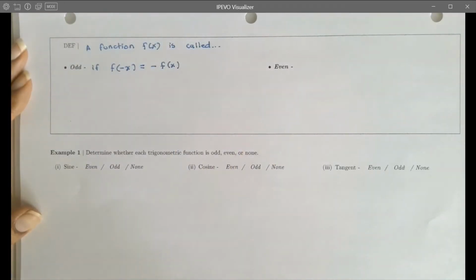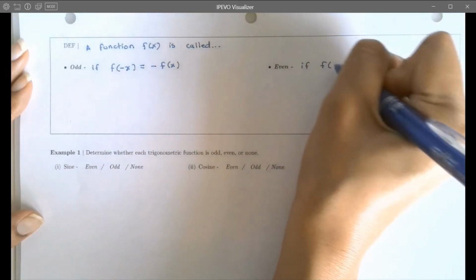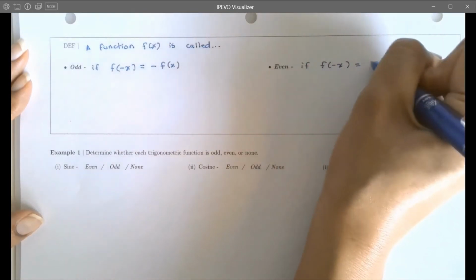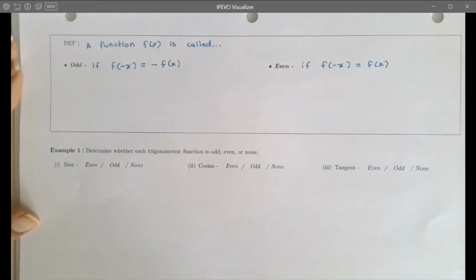And it's going to be called even if f of negative x gives you the same thing as just f of x. And for both of these, I want to provide you an example.